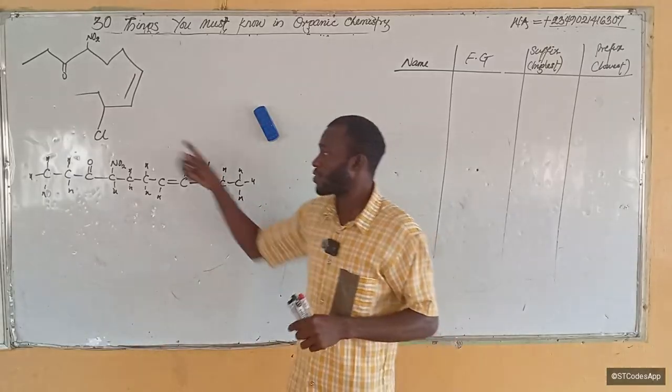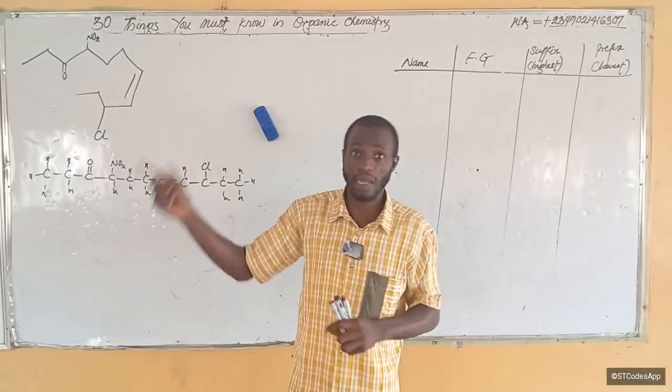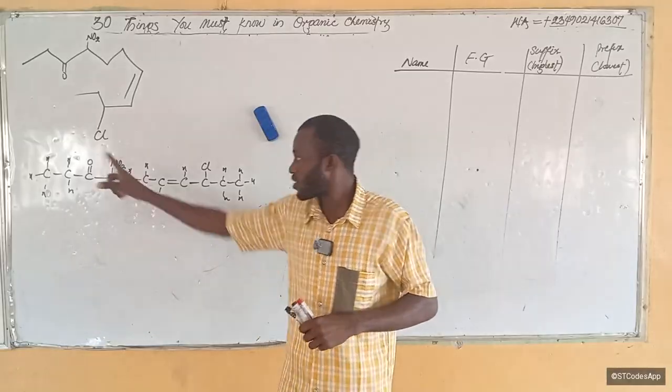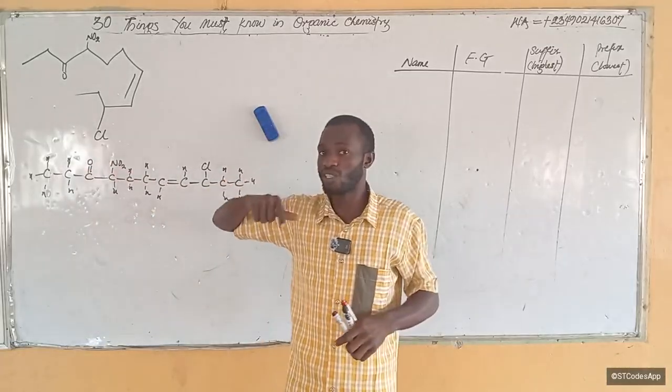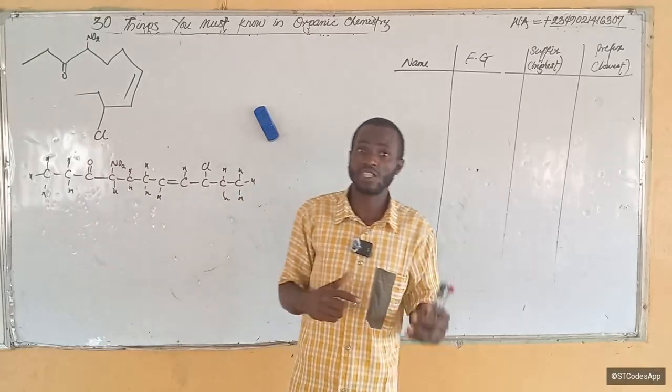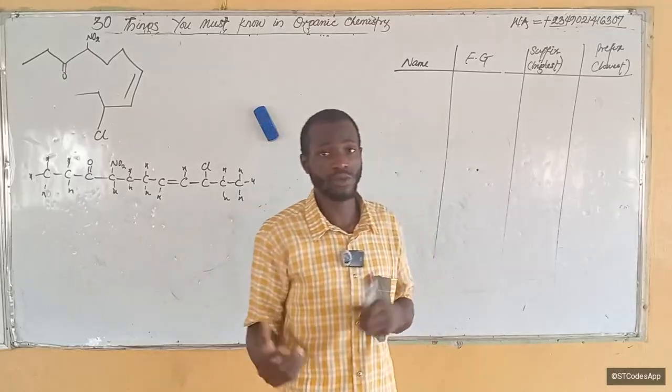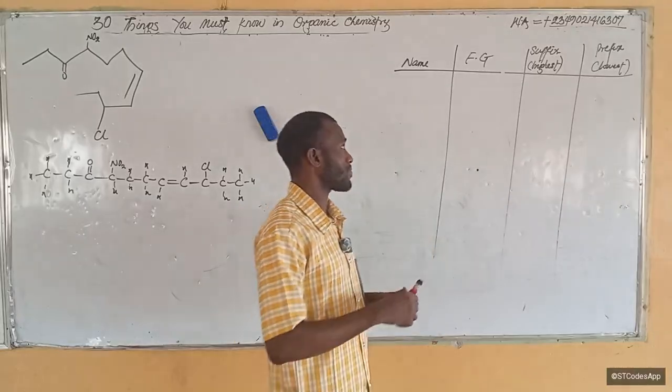So the one with priority is the one that determines the parent's name. The others will become substituents or lower functional groups.